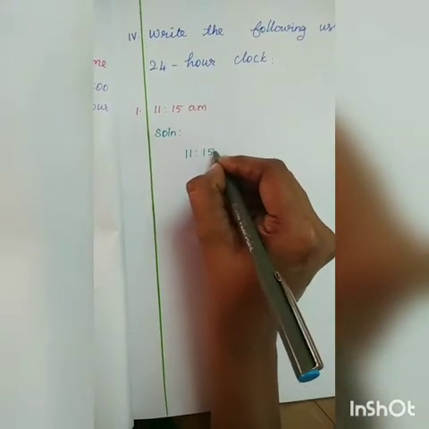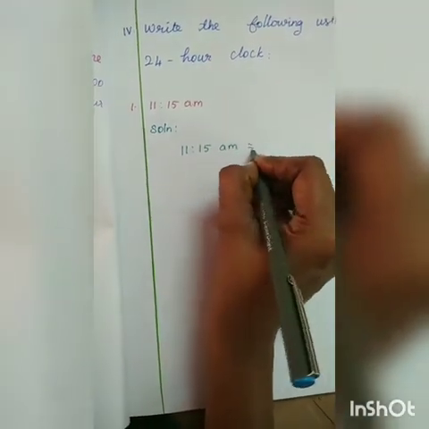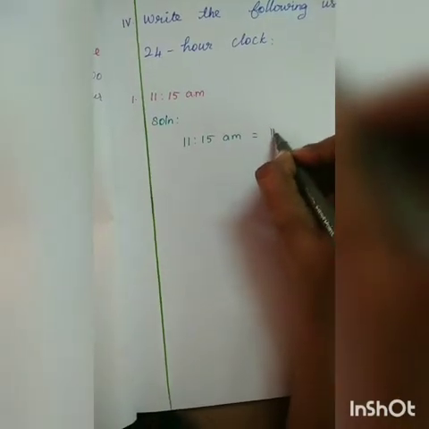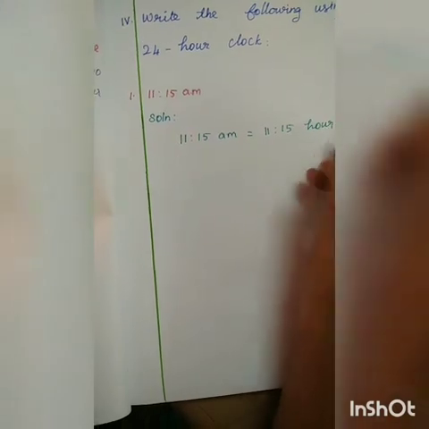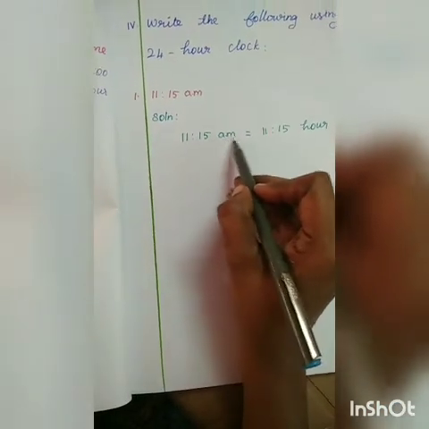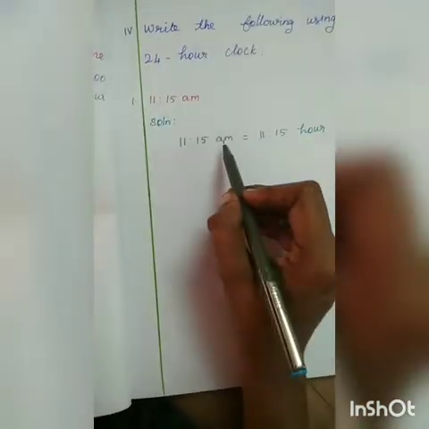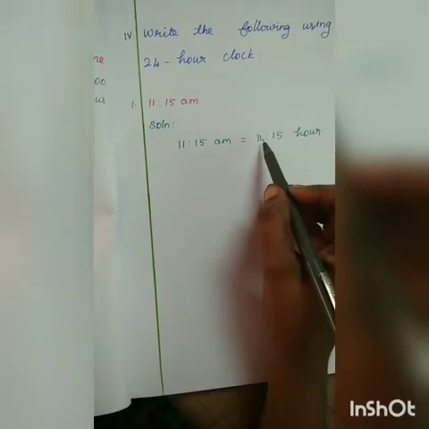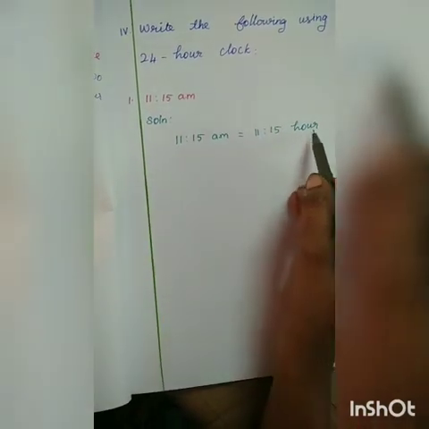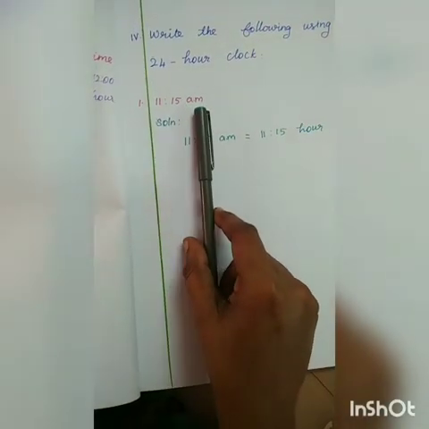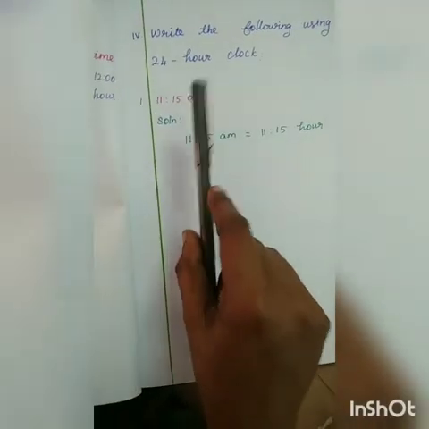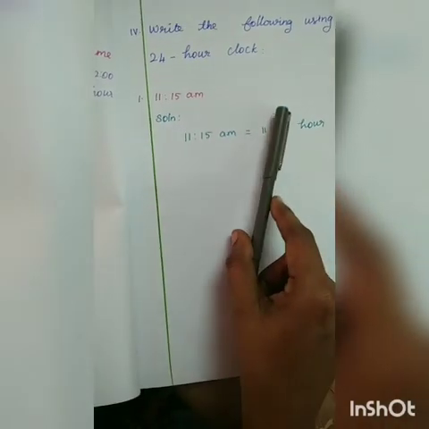So 11:15 a.m. is equal to 11:15 hours. Only the time period changes. Once again, 11:15 a.m. is a 12-hour clock time; you convert to the 24-hour clock.